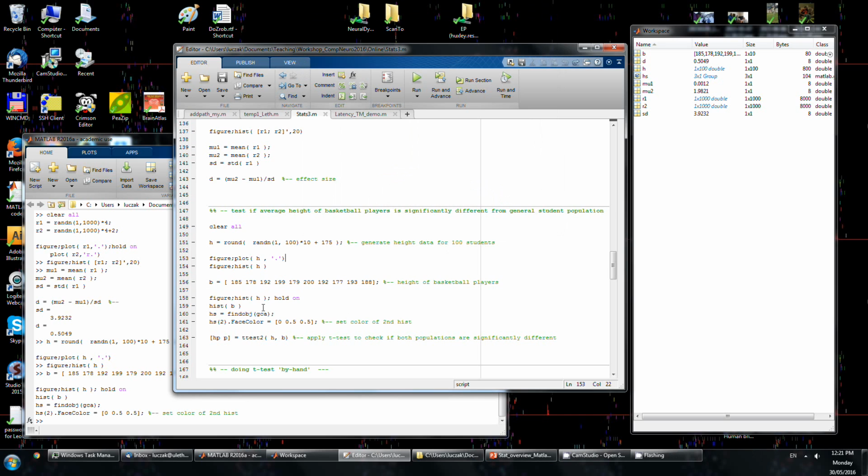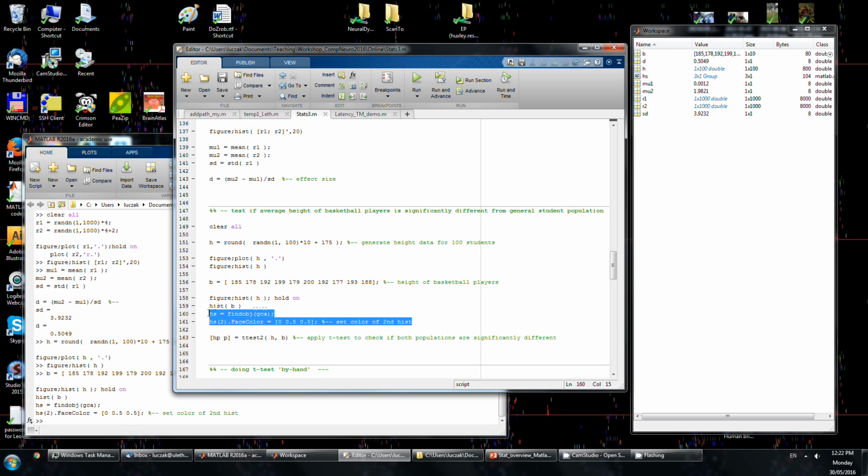Note that it's not very easy in MATLAB to plot two different histograms on top of each other with different colors, so here I use a little bit of a trick. For the second distribution, I had to define the face color as those red, green, and blue values, this vector of 3, and I have to use this command, find object, where I was taking the get current object, which was this histogram.